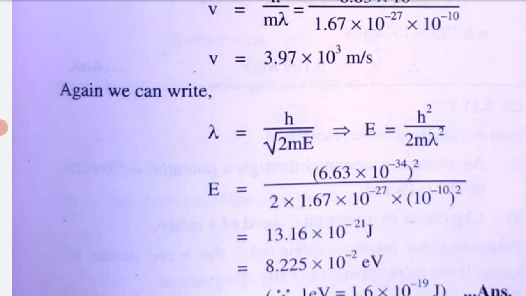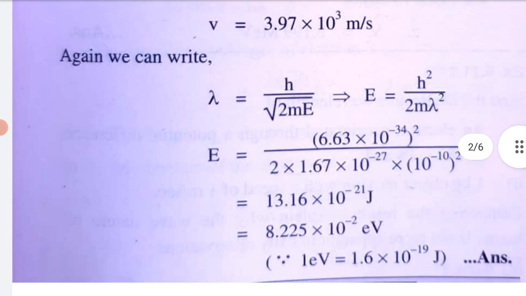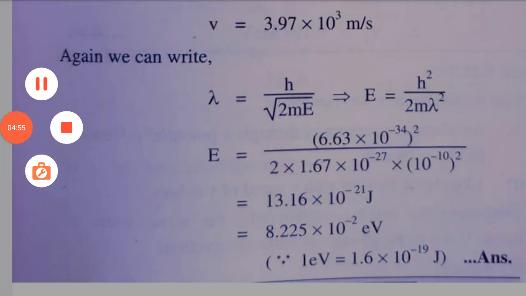Then E is equal to 13.16 into 10 raised to minus 21. This energy value is in joule. If we have to find the energy value in electron volt, then this is 8.225 into 10 raised to minus 2 electron volt.